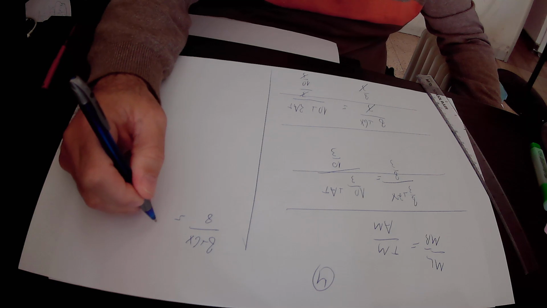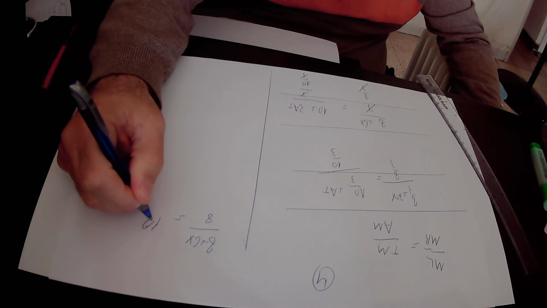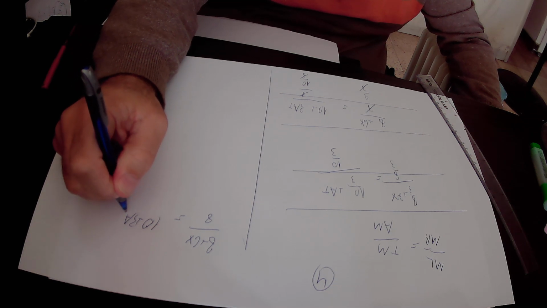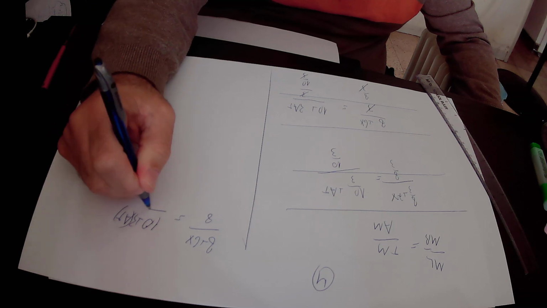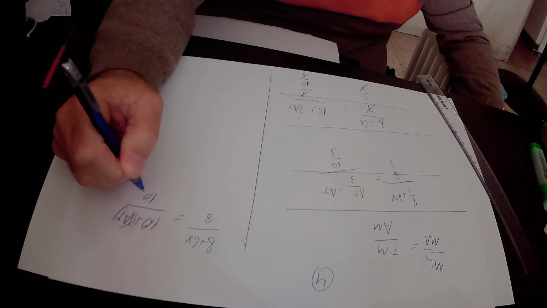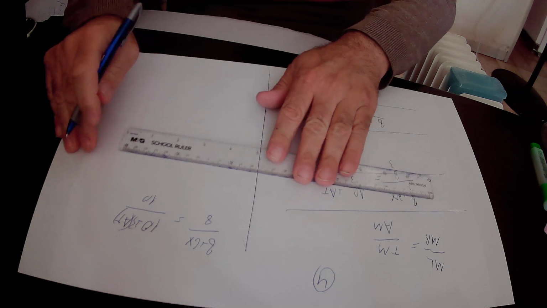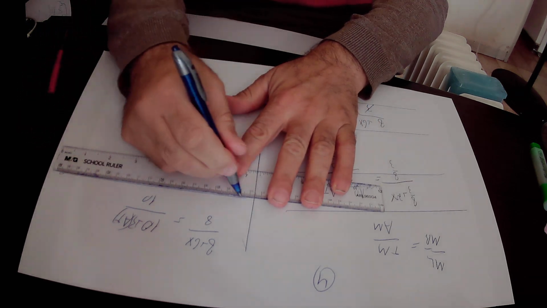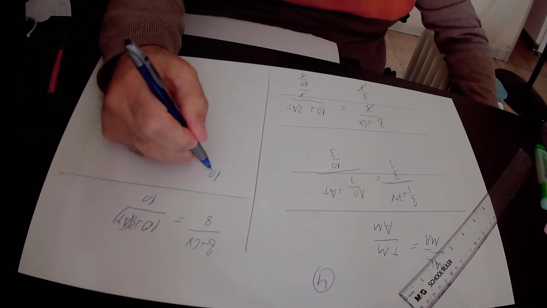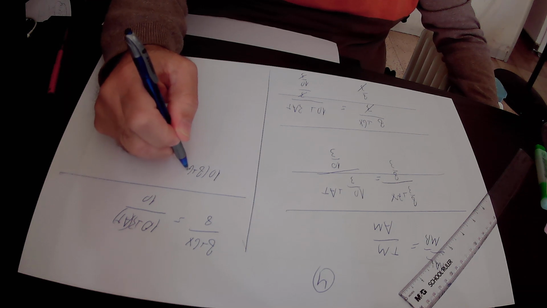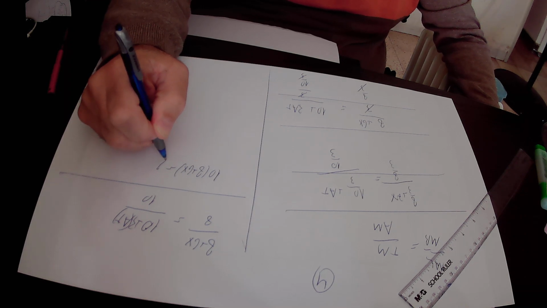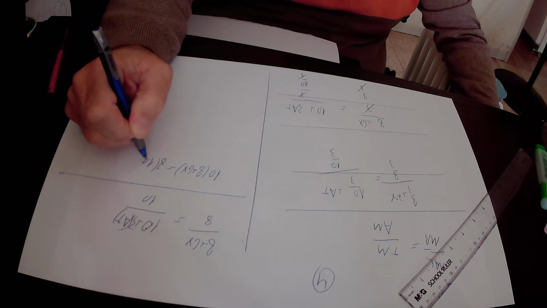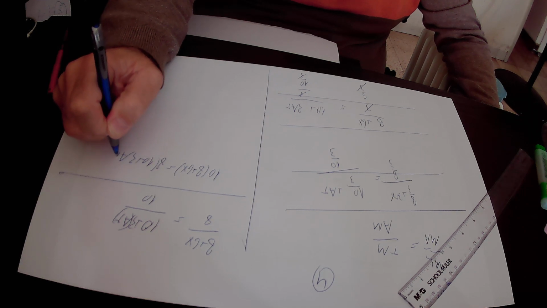It is equal to 10 plus 3AT over 10. So here we first cross multiply this equation and finally we get that 10 times 8 plus 6x equals 8 times 10 plus 3AT.